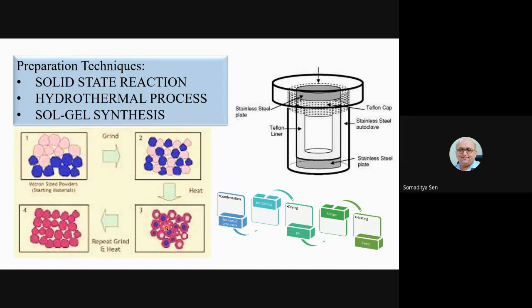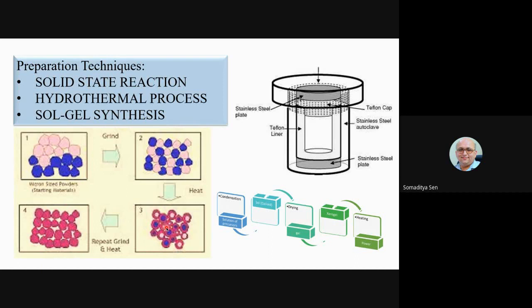Suppose you want to dope nickel in zinc oxide. You have to put a nickel precursor and a zinc precursor into the autoclave. Once the reaction is complete, you will get some modified zinc oxide, maybe some pure zinc oxide, and maybe some nickel oxide. The percentages may be very low, but even then you will get something.